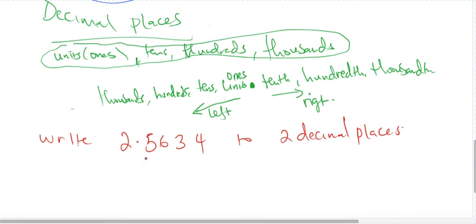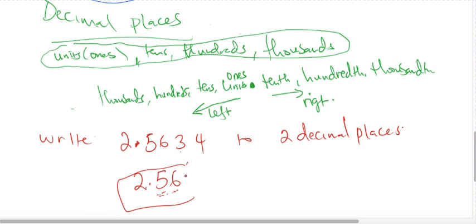Now, if they say 2 decimal places, your attention should be on the numbers after the dot. In significant figures, you consider every digit in the number. In decimal places, only the numbers after the dot. So 2 decimal places will be 2.56. The third one is less than 5. Same rules apply as for significant figures. Delete them. And this is it.